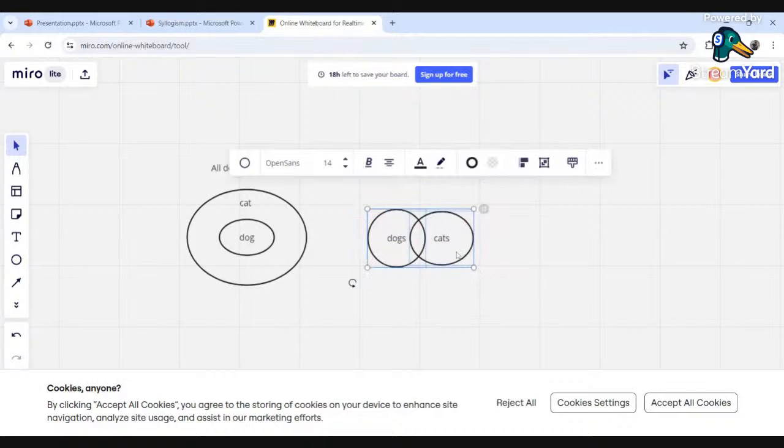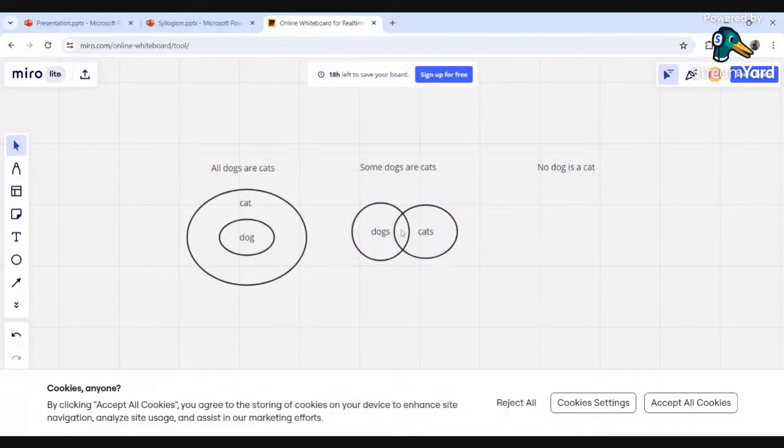This intersection shows that some dogs are cats. See, this is the part which comes into picture over here, guys. This is the one which shows that some dogs are cats. And here you can see that all dogs are cats, so basically this whole thing tells that all my dogs are basically cats.